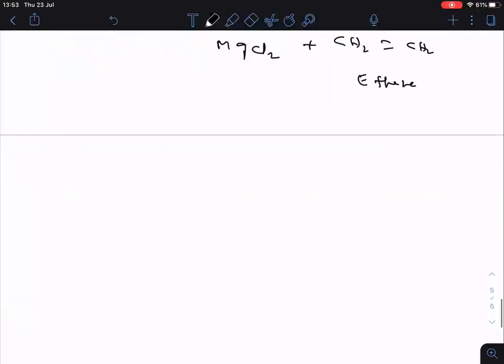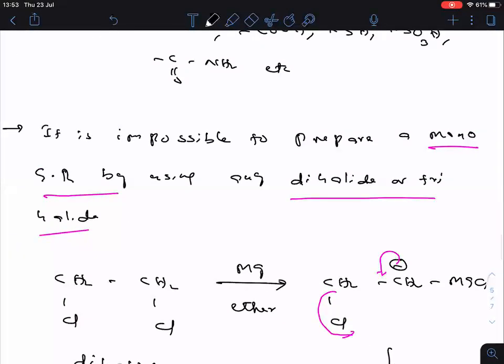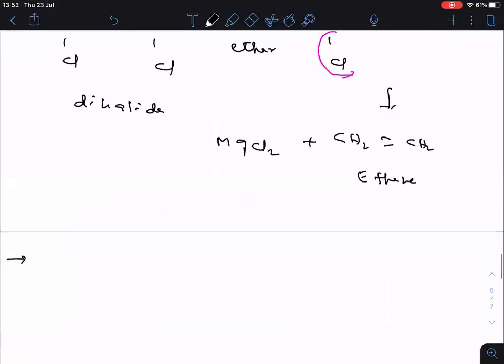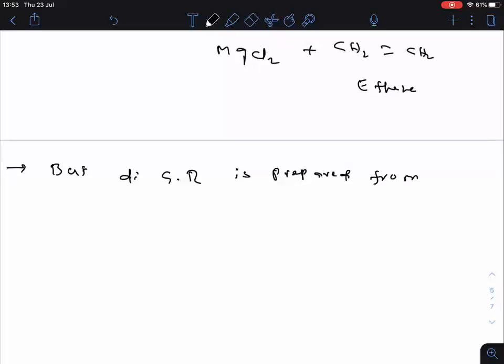Remember everyone, I mentioned very clearly that mono-Grignard cannot be prepared, but we can prepare di-Grignard. Di-Grignard reagent is prepared from dihalide.